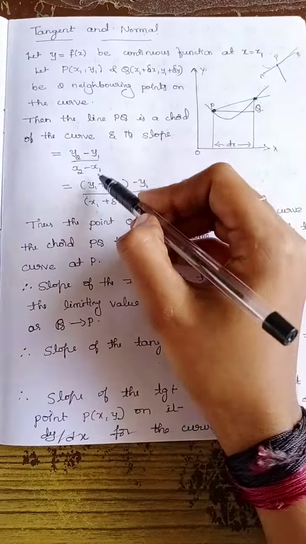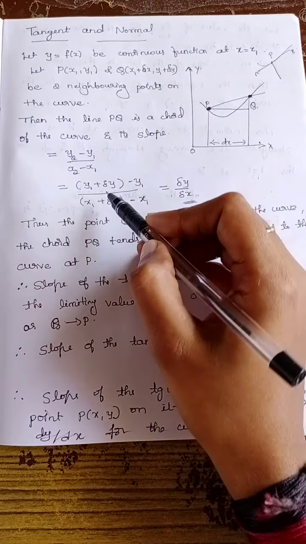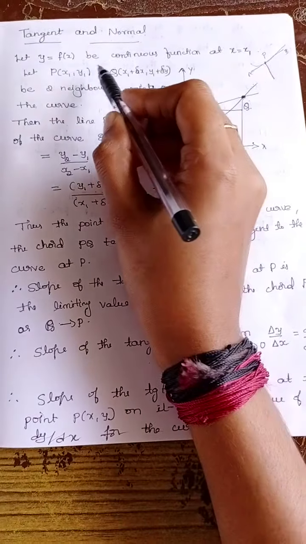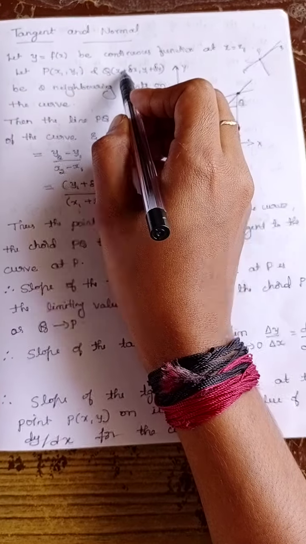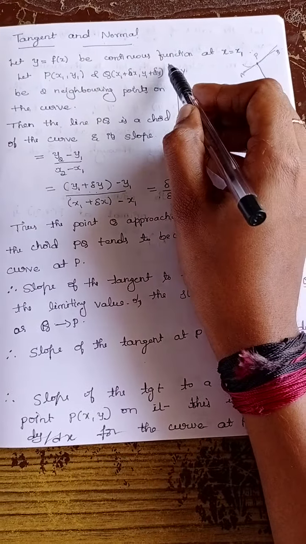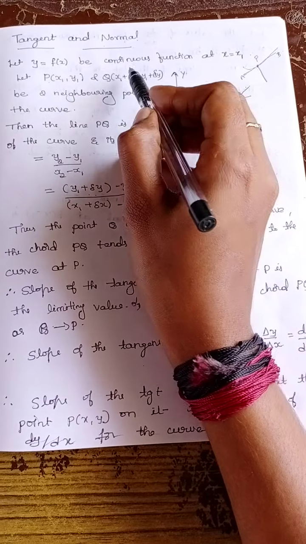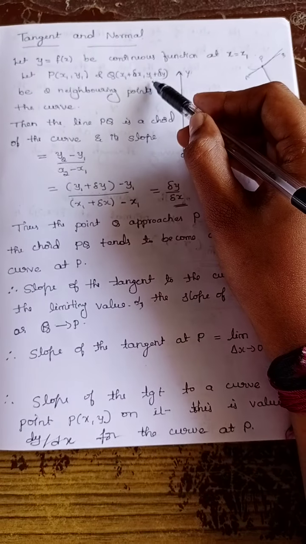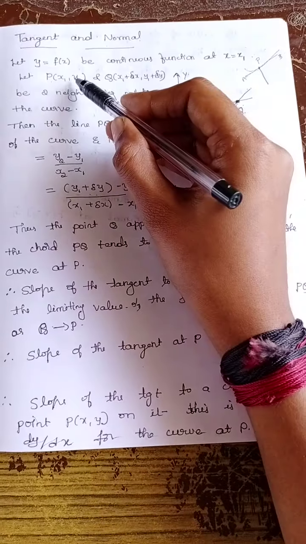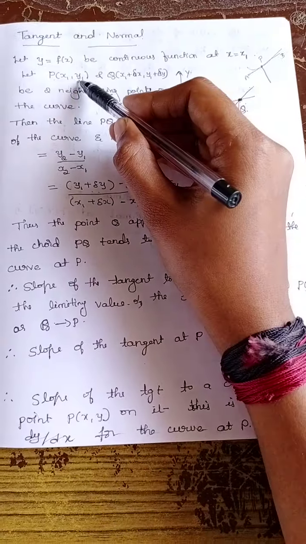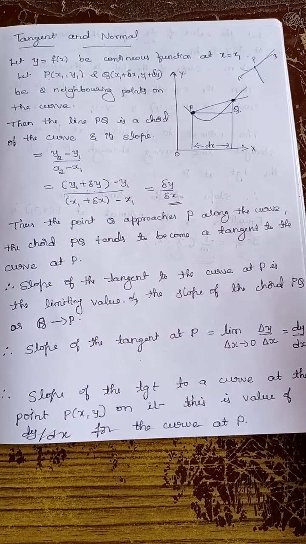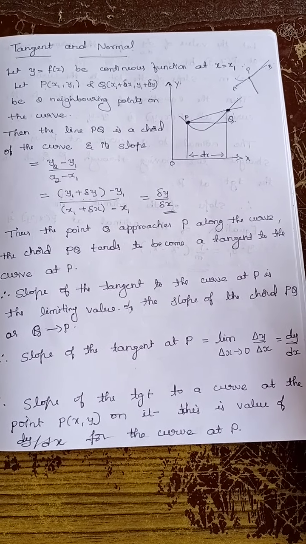Here y2 is y1 plus delta y and y1 is y1 itself, because the slope of the chord between P and Q is y2 minus y1 over x2 minus x1, that is y1 plus delta y minus y1 divided by x1 plus delta x minus x1. Here y1 gets cancelled, that is equal to delta y, and here x1 gets cancelled, that is equal to delta x.